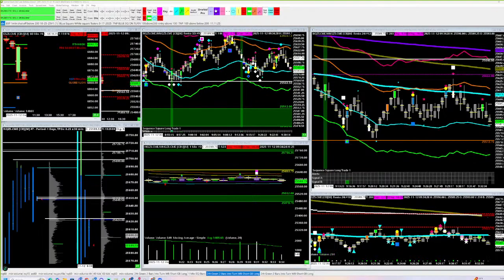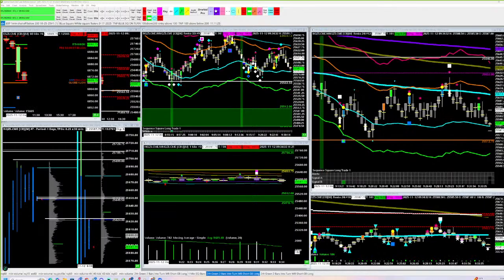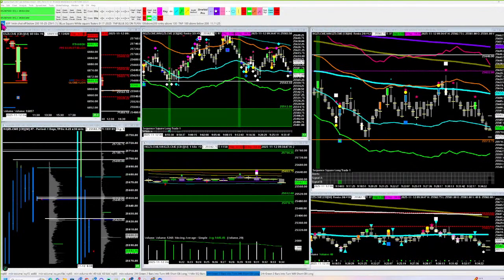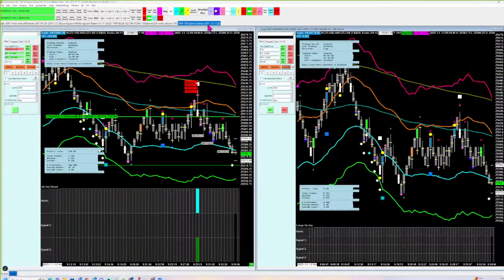They pushed down. They did. You should have gotten all your scales on this. No, not yet. We're working on it. 3. 1, 2, 3. One more to go.